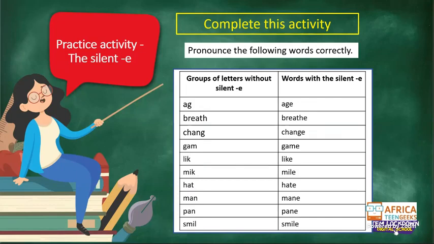And the first one is age. Right? No, egg, age, right? Good. Breath. Yes. Breathe. Good. Change. Yes. No. Breathe. You don't pronounce the E on the end. Breath, breathe. Right? Change. Right? Game. No, gam. Remember the first time it's got a different sound.